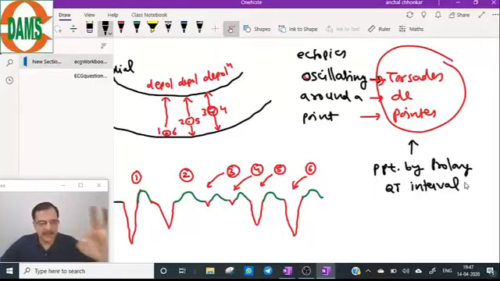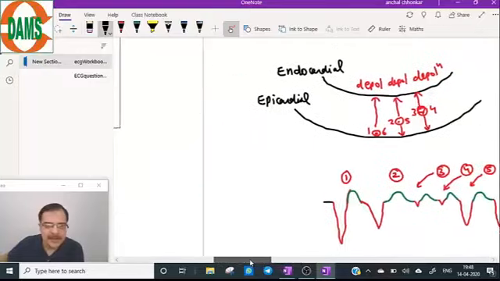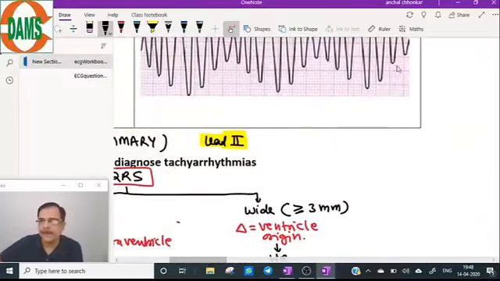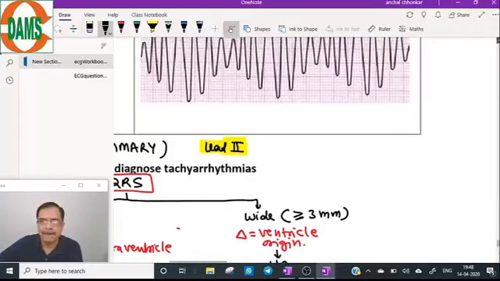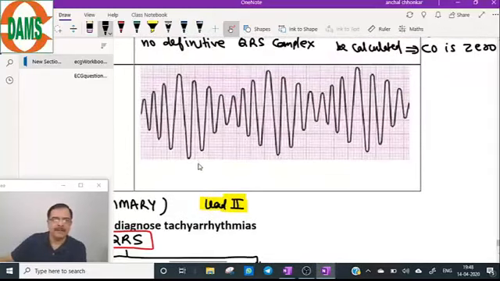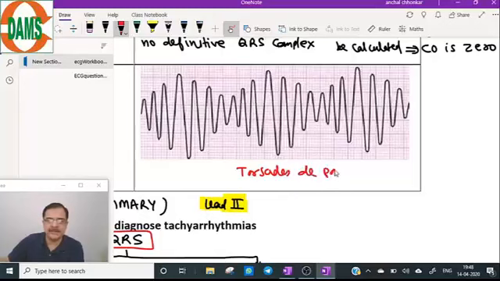The ectopics are oscillating around a point, responsible for different QRS morphology in a pattern. And how does the diagram of this look? Here, this is the typical example of torsades de pointes.